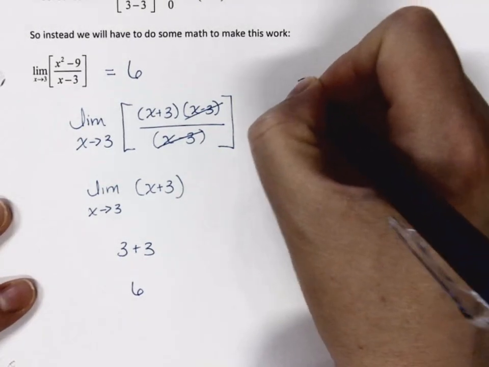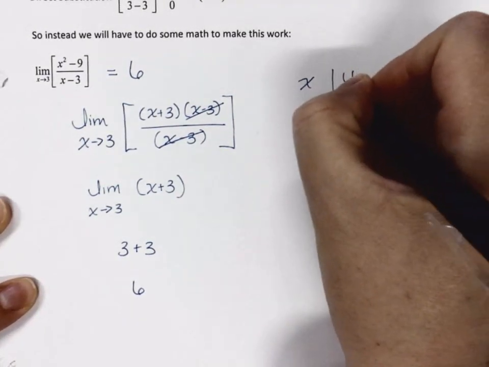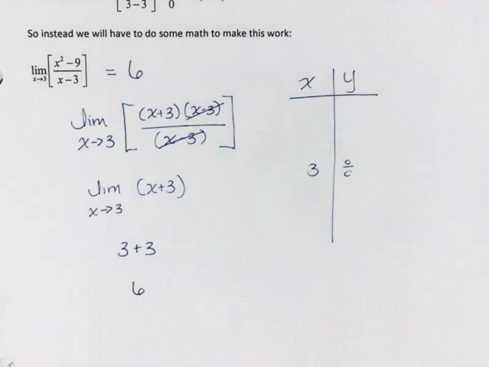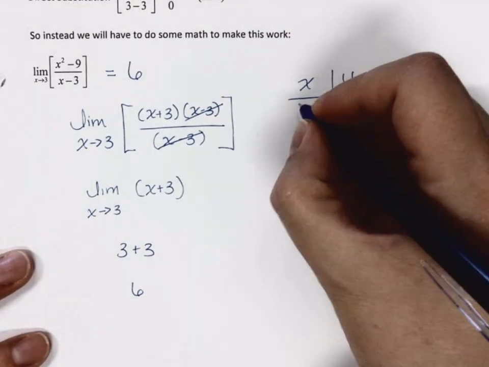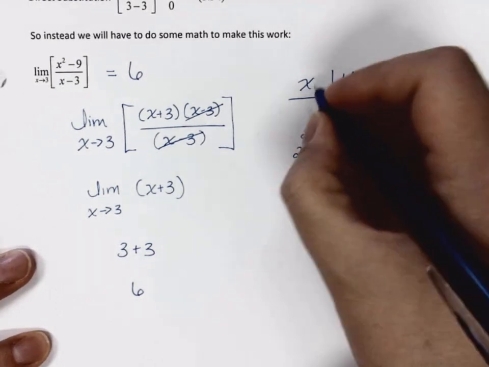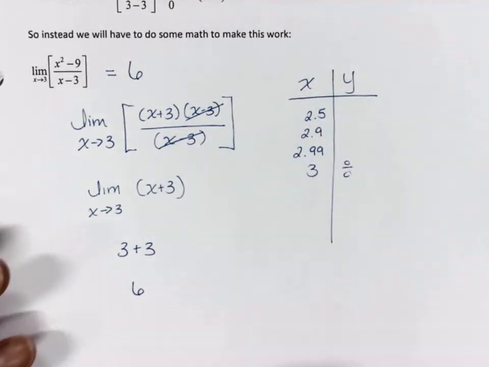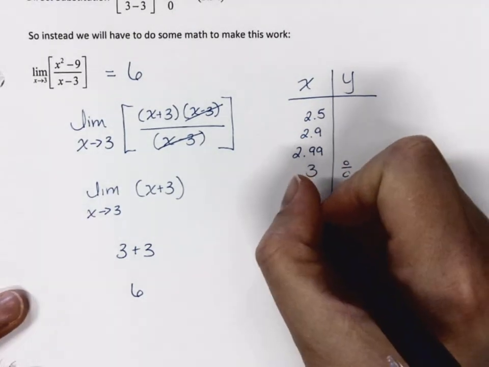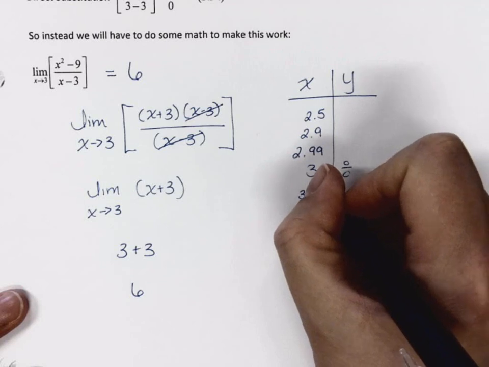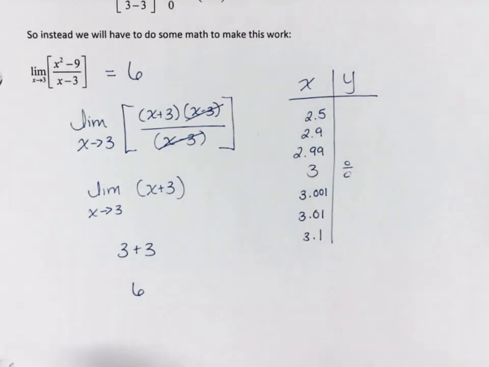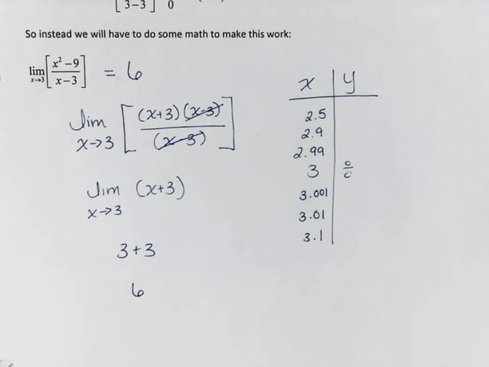If I were to do a table of values, I know that 3 gives 0 over 0 if I do direct substitution. So we would pick values like 2.99, 2.9, maybe 2.5 here, and we'd see what number they're getting close to, and then we'd pick like 3.001, 3.01, 3.1, and as we get closer to 3 from the other side, what values are we getting close to?